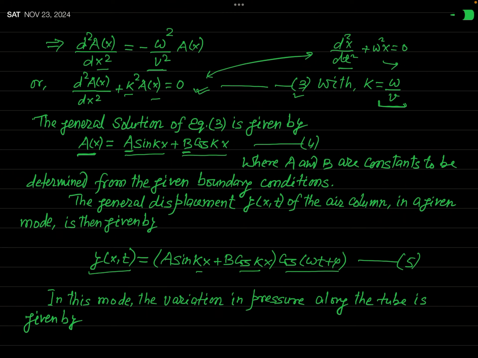Actually, when you talk about the vibration of a column of air or gas, you have seen in my previous video that in this case there is a variation in pressure of the medium. The pressure of the medium does not remain at its equilibrium value, but it changes, and that pressure variation, which is also called excess pressure, actually oscillates. So now we are going to change the displacement variation in terms of the pressure variation.